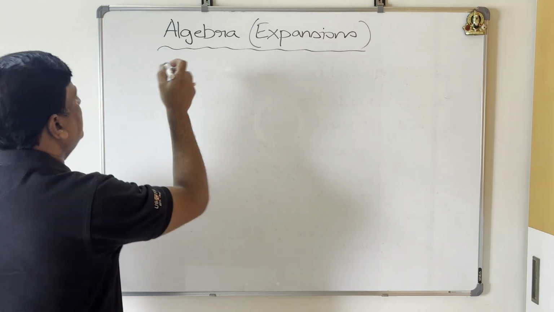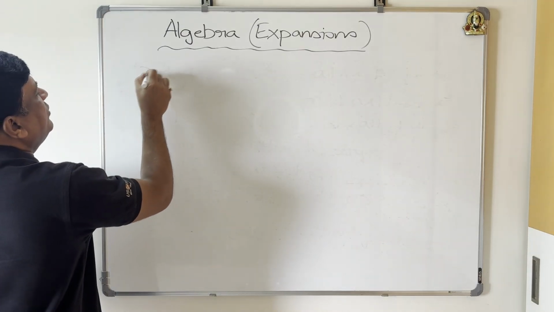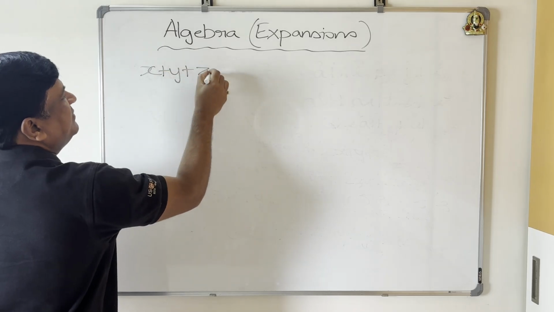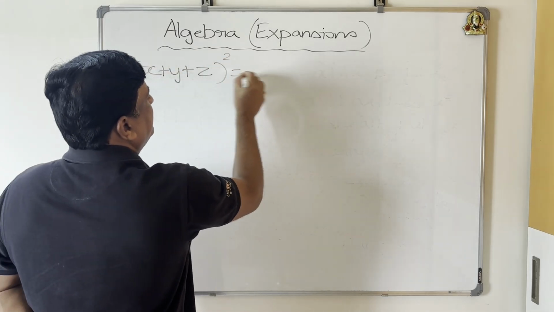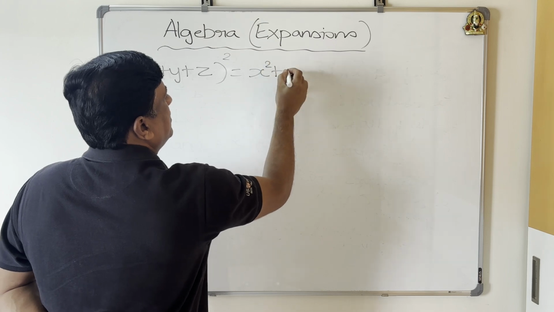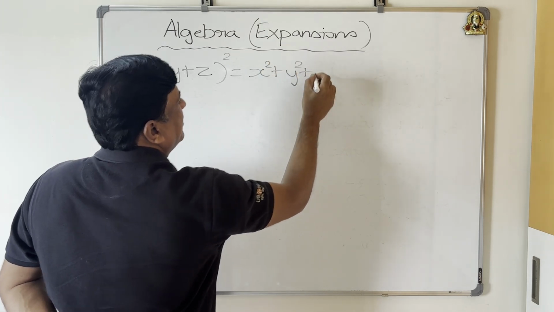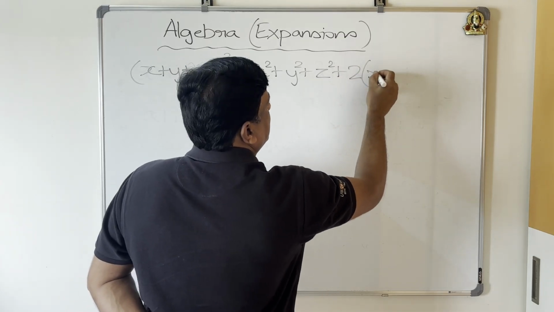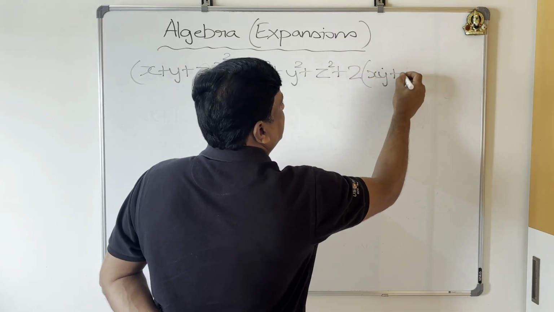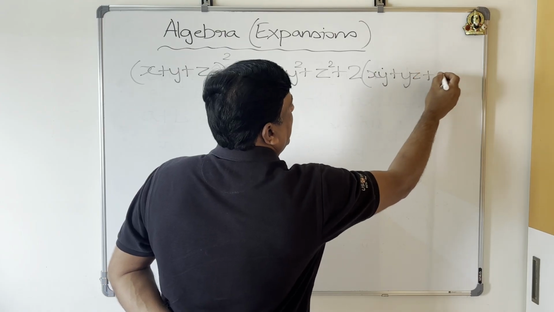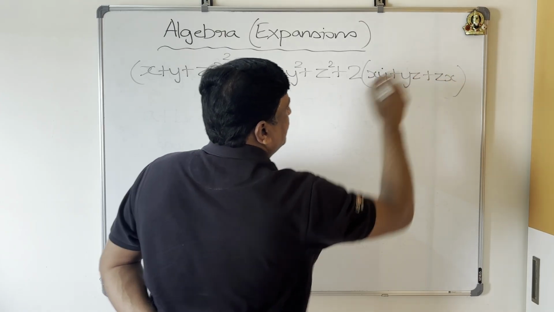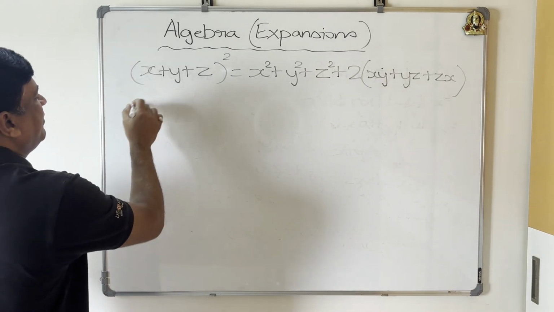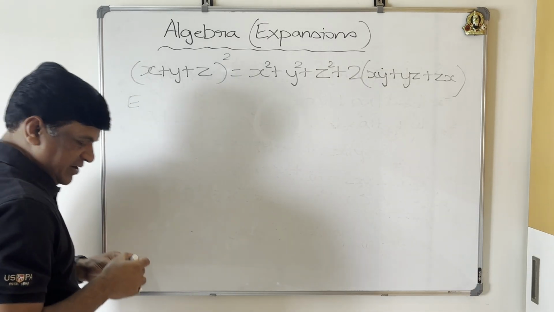Suppose they give you, you know that (x plus y plus z) whole square is, you know by now, x square plus y square plus z square plus 2 times (xy plus yz plus zx). This is what you know. Now in a problem they have given expand.